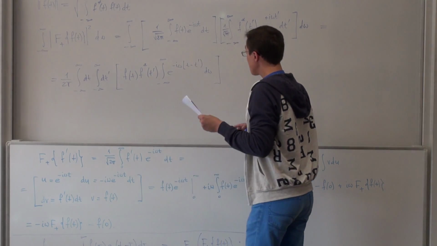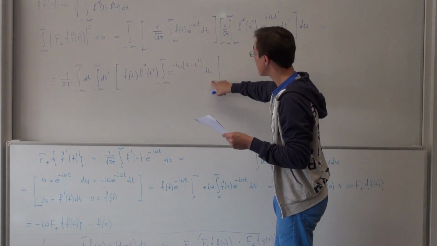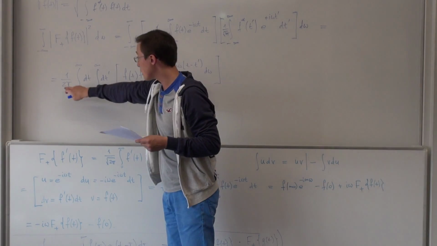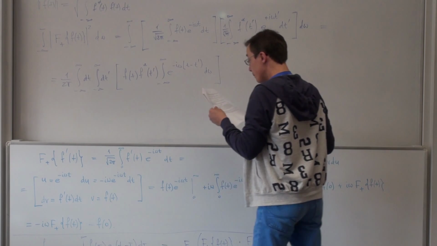Right, you can see we got a delta function here, from that same definition that I previously used, and when we use it, it's going to eat our 1 over 2 pi.